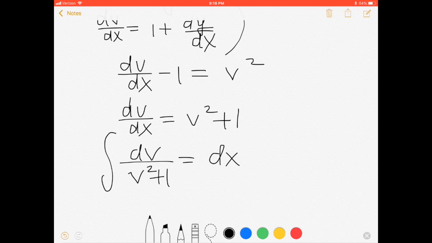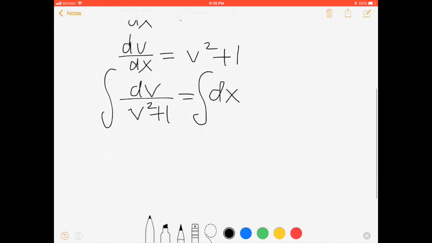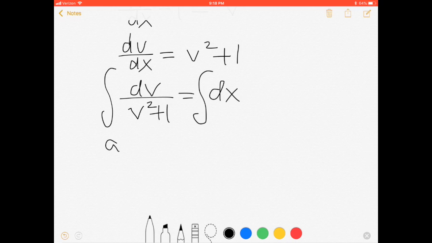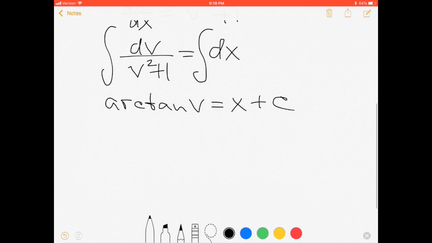Take the integral of both sides of our equation. We have arctan, the inverse function for tangent, equals x plus some parameter c. If we take the tangent of both sides, you have v equals tangent of (x plus c).